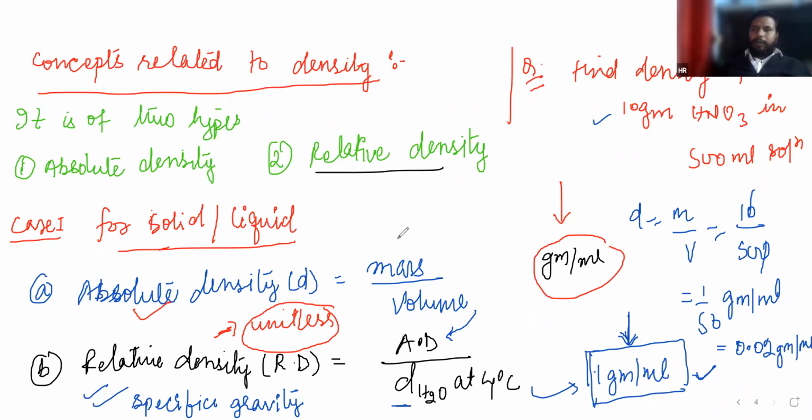Okay, let's move to gas. Just see, for gases, the formula to find the density is different, and we will derive this formula in chapter 5, which is states of matter.